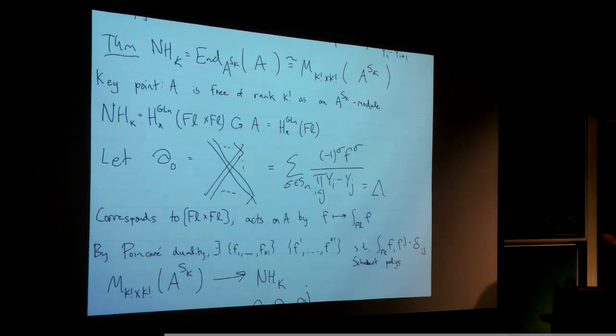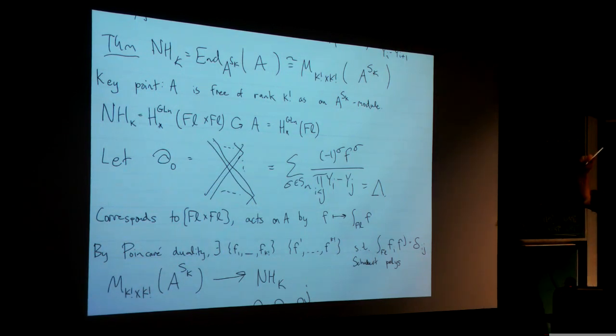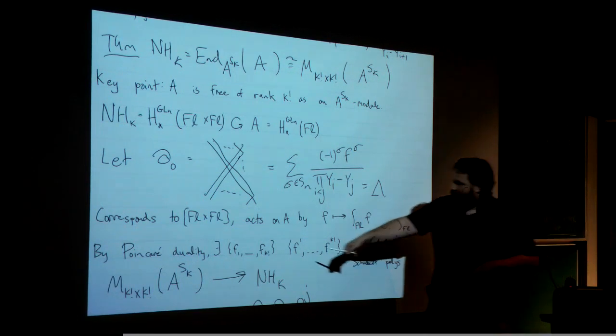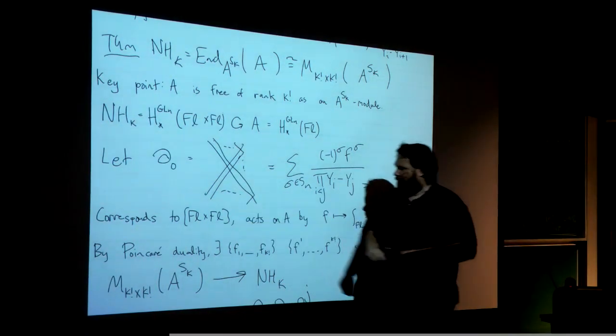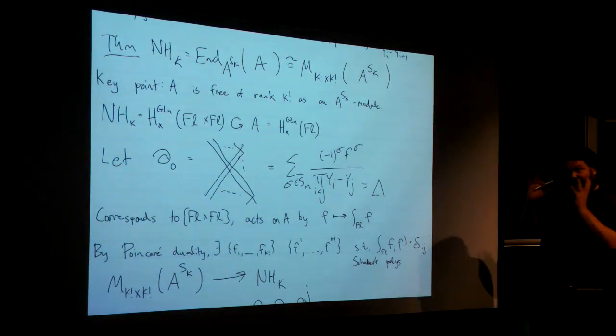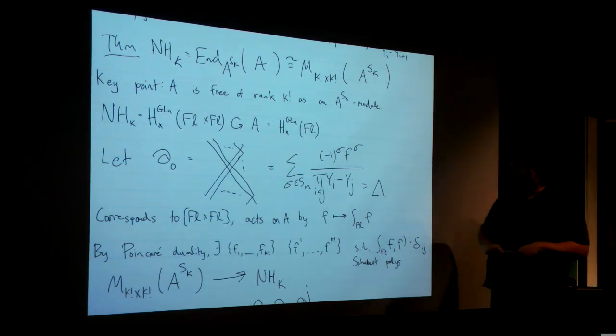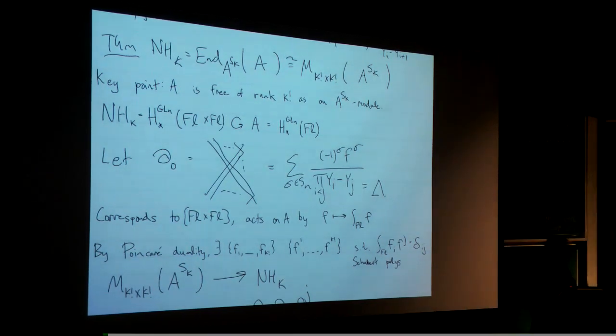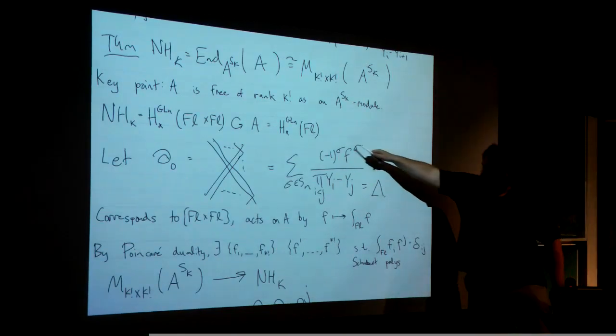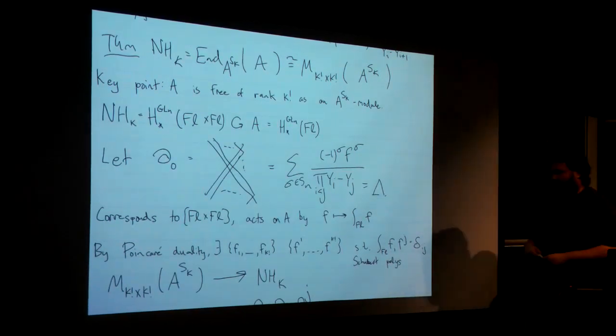No, it's the GLN equivariant cohomology of things, which is the T equivariant cohomology of a point. Talk about this later. We don't have time for it. This guy corresponds to the fundamental class of flags times flags, and it acts on A by integrating over flags, which is what this operation is. It's integrating over the full flag.